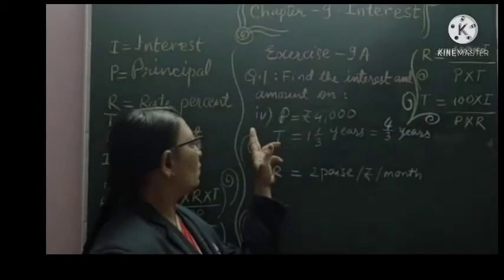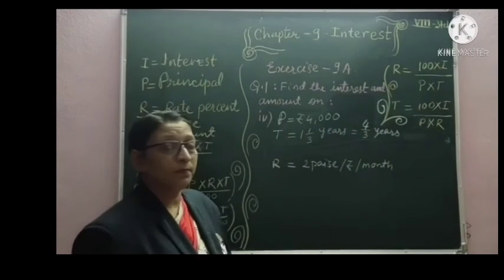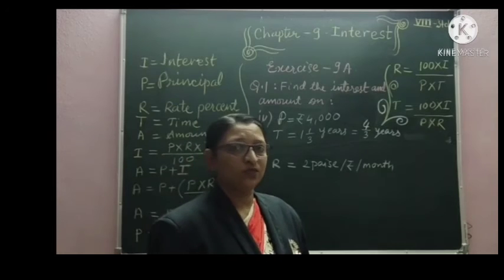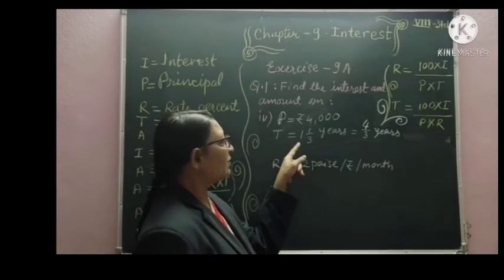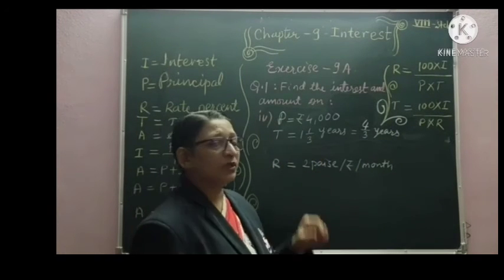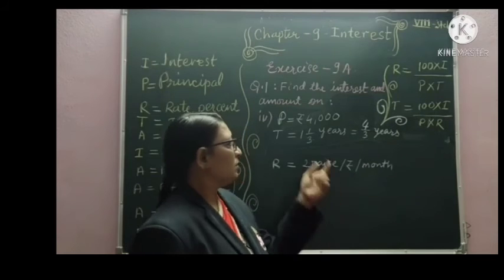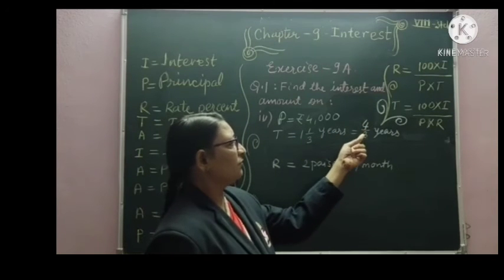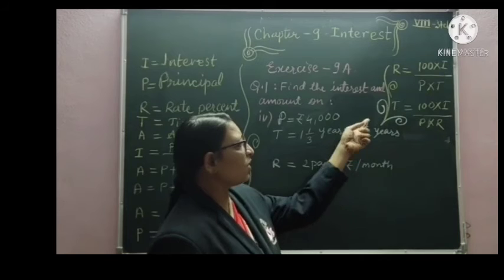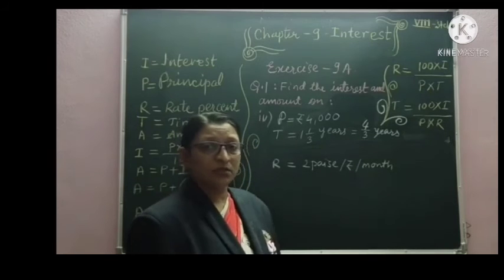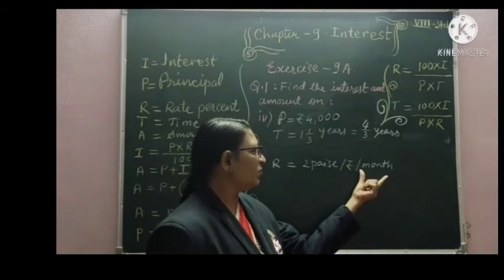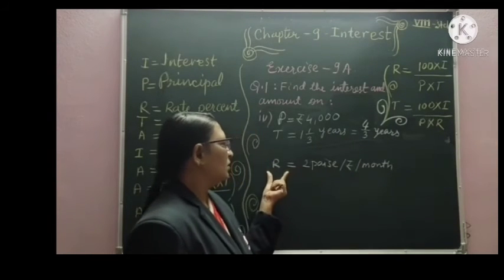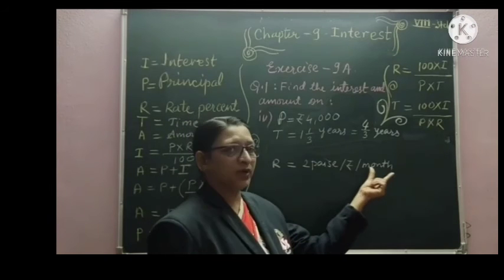Question number 1, fourth question. Here principal is given rupees 4000 with the time given 1 year and 1/3. That is 3 1s are 3 plus 1, 4. Numerator 4 and denominator 3. That is 4 upon 3 years. This we will convert into months because rate is given 2 paise per rupee per month.